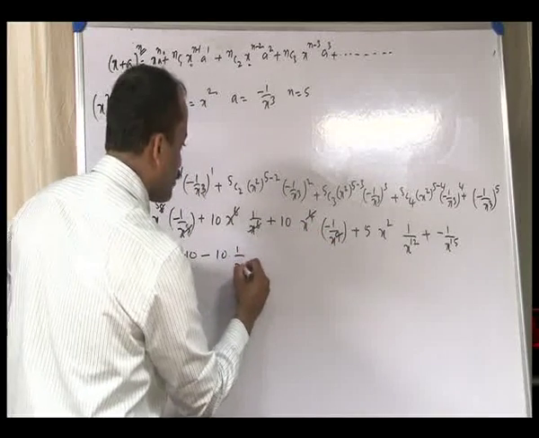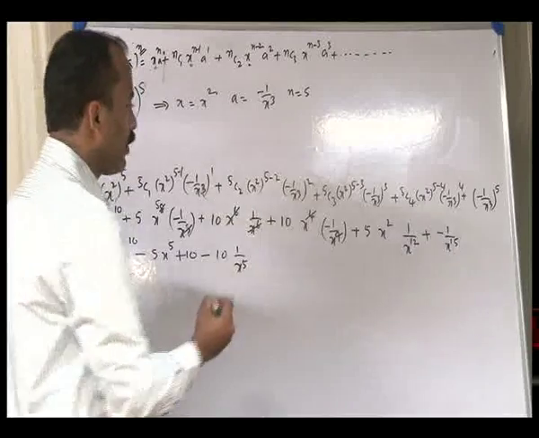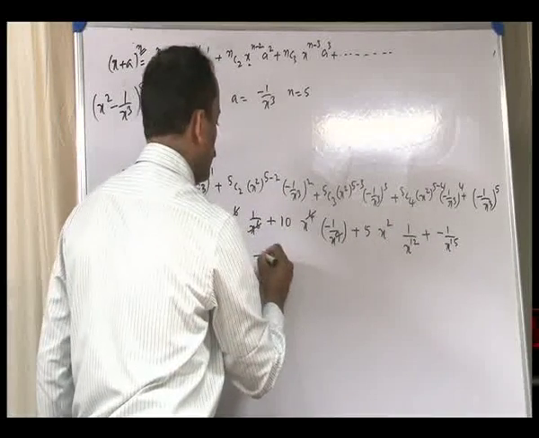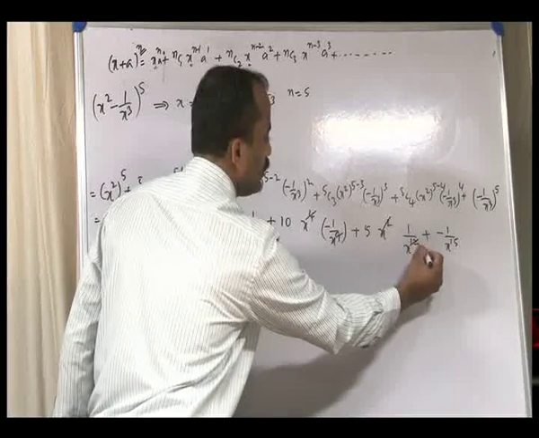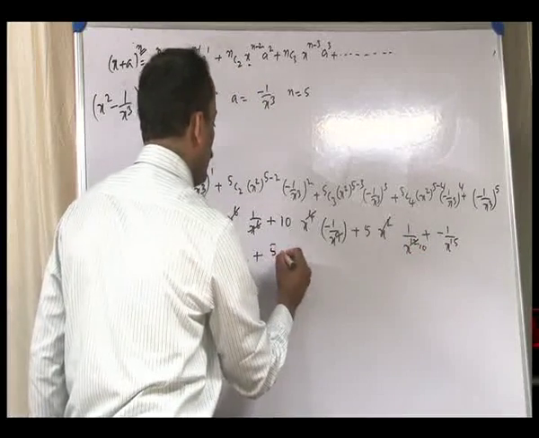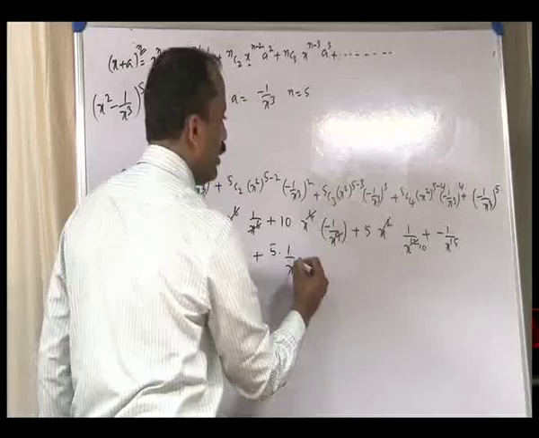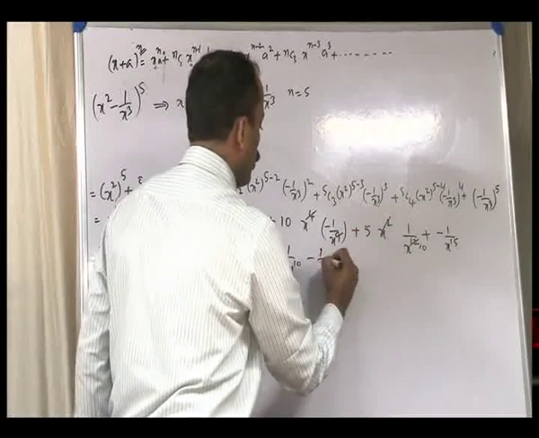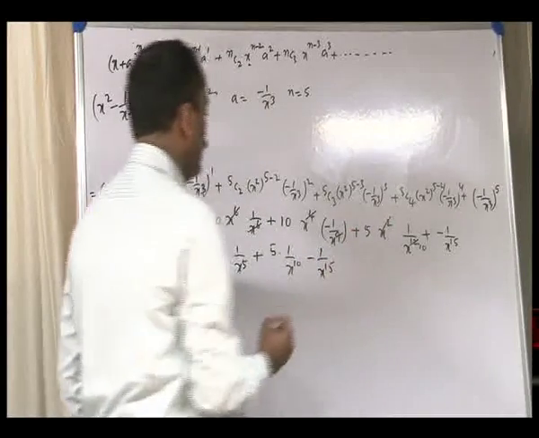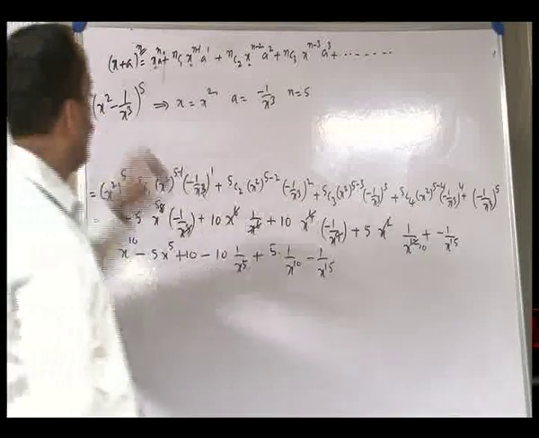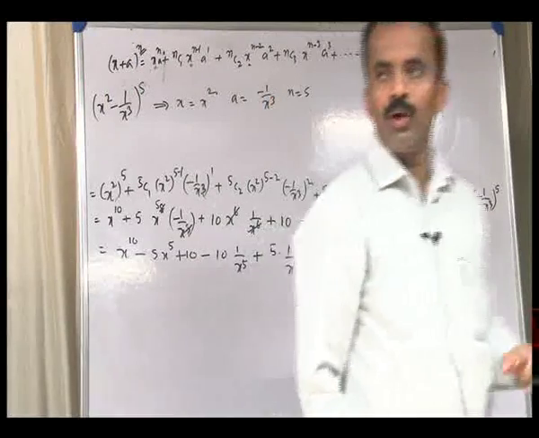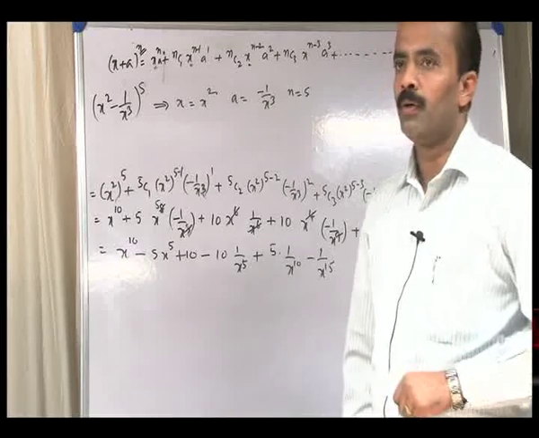So, 1 over x to the power of 5 remains. Plus here also, x squared cancels, so x to the power of 10, so 5 into 1 over x to the power of 10, finally minus 1 over x to the power of 15. This is the expansion of x squared minus 1 over x cube, all to the power of 5.